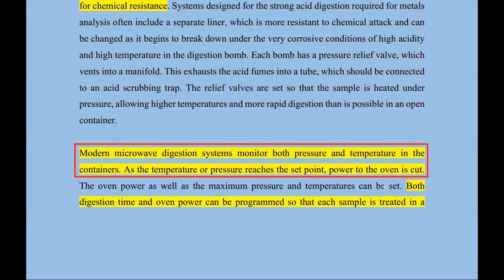You can just give instruction to someone: when you go to the machine, set the temperature at this figure, the pressure at this figure, and then load the sample, and the machine does the work. As soon as that temperature is reached, there's an automated way of doing things. The machine goes off to prevent over-digestion of the sample.